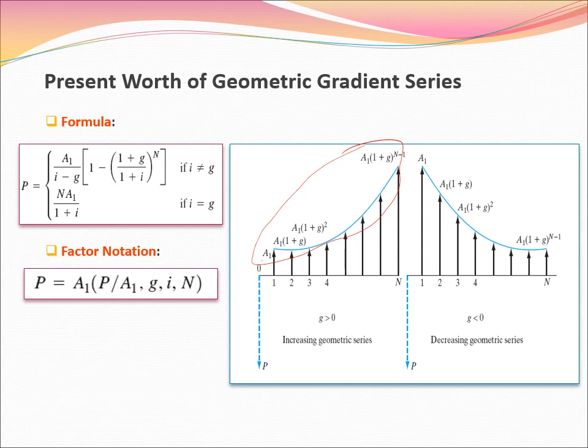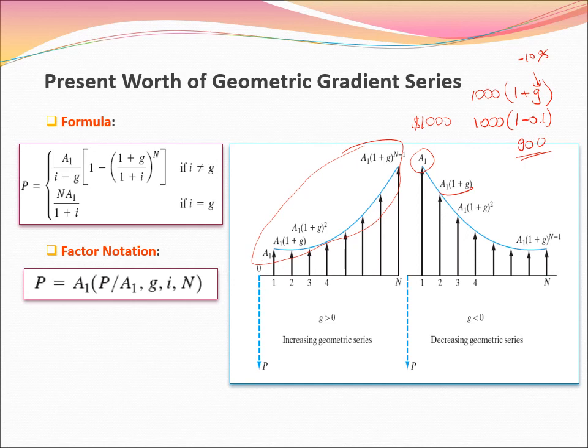But we may even reduce our earnings. In the first period, for example, let's say we earn $1,000. In the next period, instead of increasing this by 10%, we reduce it by 10%. This time we multiply this 1,000 by, again, 1 plus g, but since it's a reduction, g is minus 10%. So 1 minus 0.1 times 1,000, so we earn $900 in the second period.